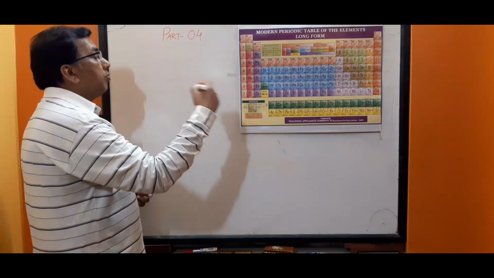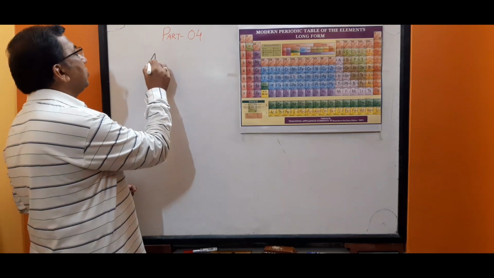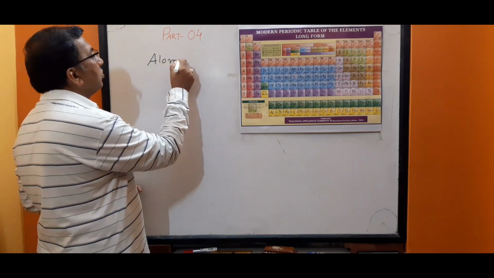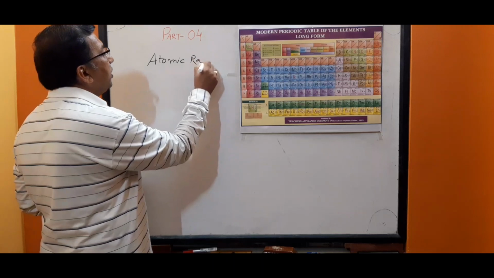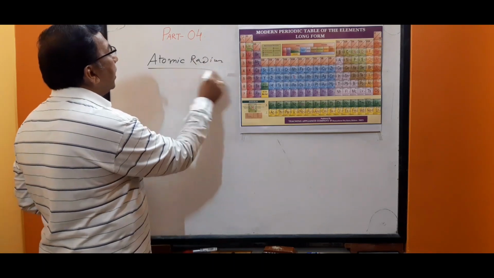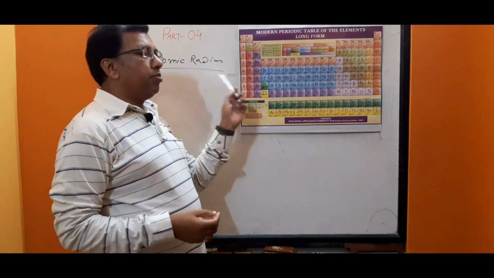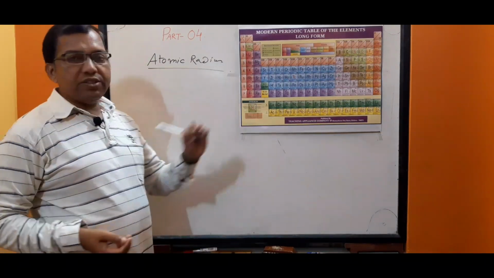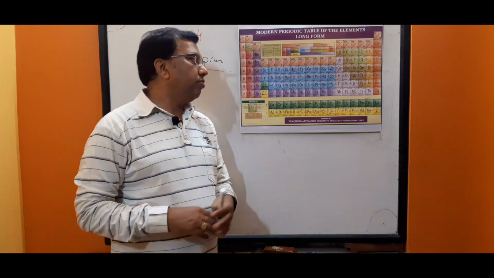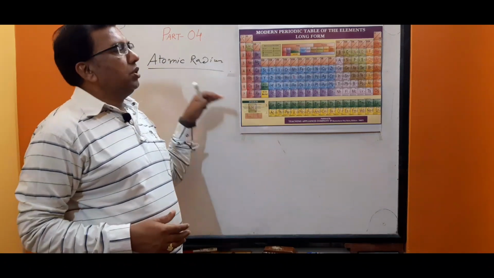So come to the point, atomic radius. Atomic radius is one of the periodic trends. Periodic trends mean that the physical and chemical properties change at certain intervals, with certain trends, that is, up, down, left to right.